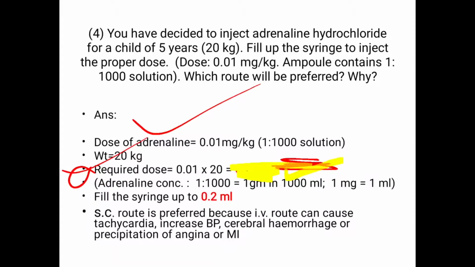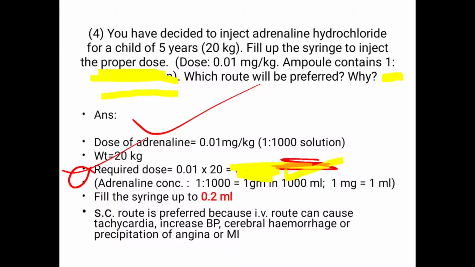As we know, the ampule contains 1:1000 solution. So adrenaline concentration 1:1000 is equal to 1 gram in 1000 ml, so 1 mg is equal to 1 ml. So fill the syringe up to 0.2 ml.